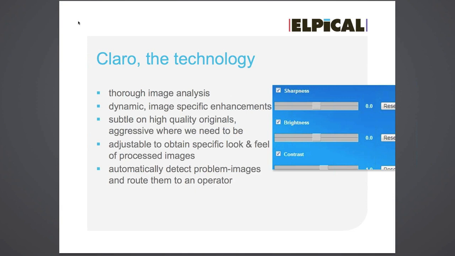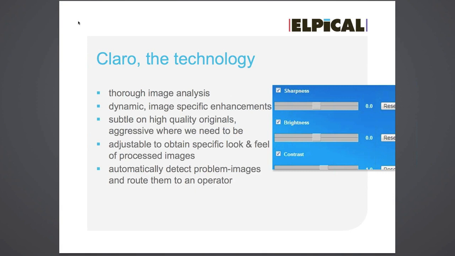One of the other important elements in the use of the technology is that Claro will also automatically detect problem images. So there is a sort of pre-flight that will be performed on the image, looking at the original quality of the image and also at the desired quality of the image.